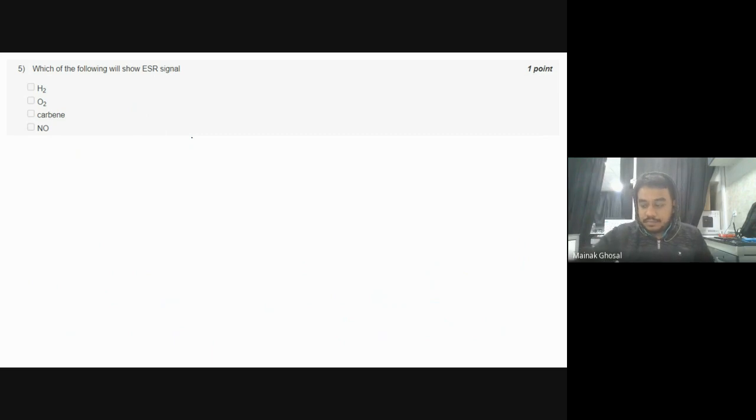Mainly, what you need to find is which one of these has an unpaired electron, right?